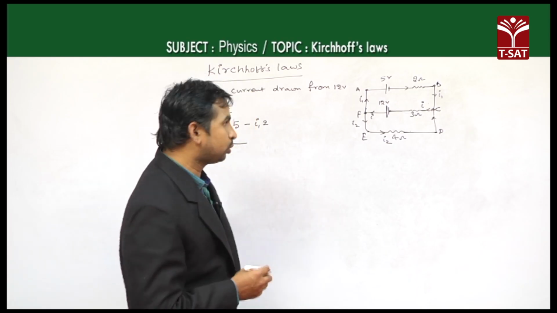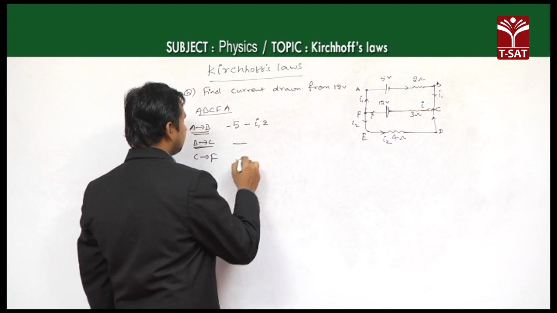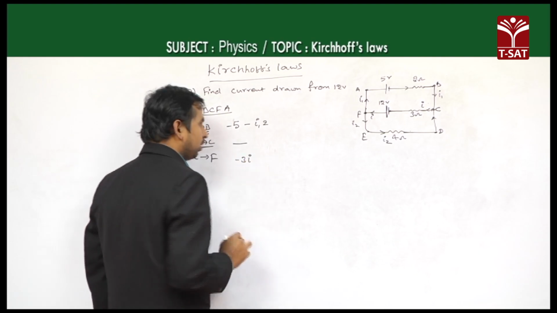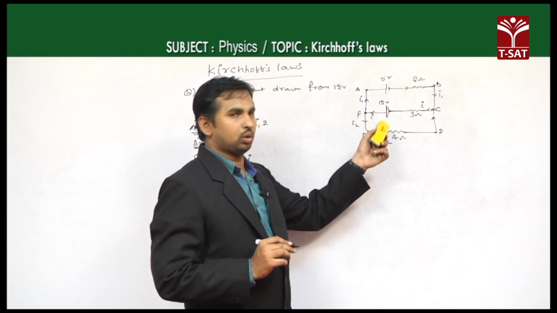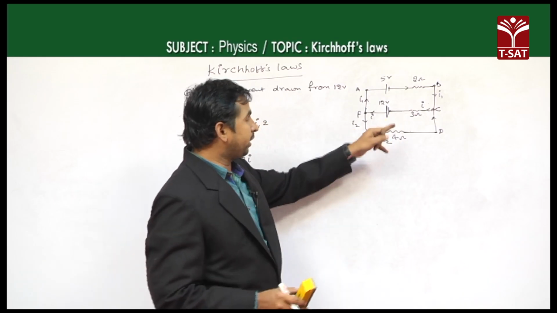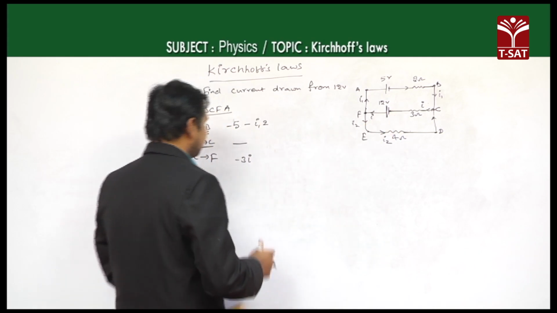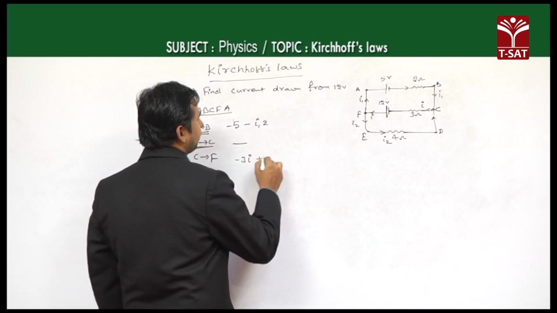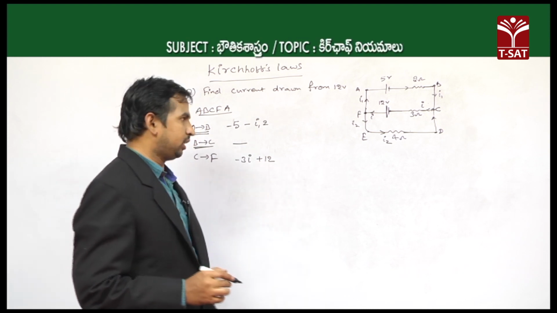So through that 3 ohms we have to take minus 3I. And it comes across a voltage source of 12 volts, and we are going from low potential to high potential, which is taken as plus 12, that is, minus 3I plus 12.